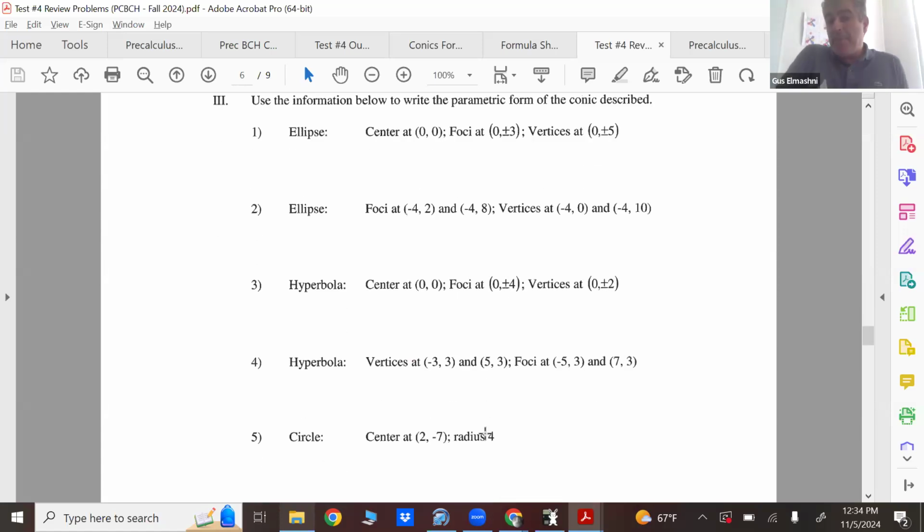Or I might give you some information about a conic section and you have to write its equation in parametric form. Probably best to get it in regular rectangular XY form first, and then parametric form afterwards. So standard form, then parametric. There'll be a question like that for sure.